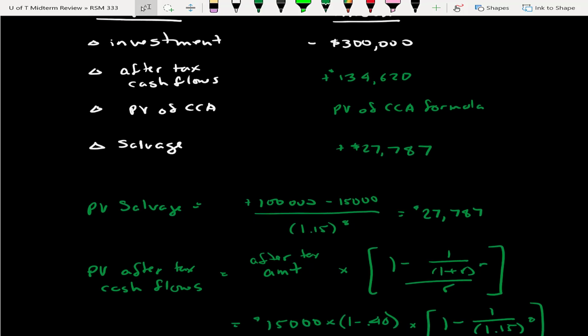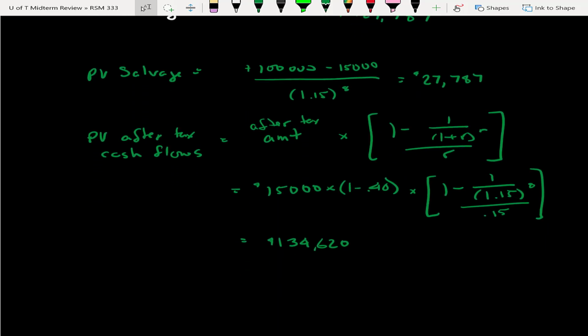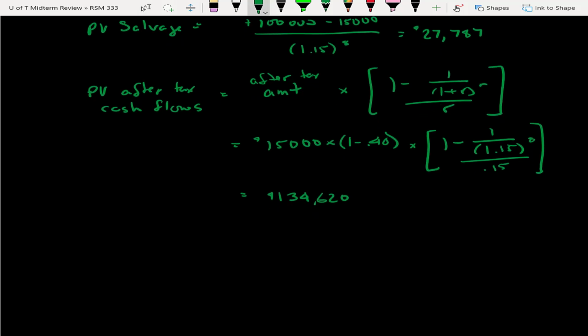Now the last one is the CCA formula. It's a big formula, but it's not really complicated. We just need to plug it in. So the present value of the CCA, I'll break it into two parts, the left part and the right part.